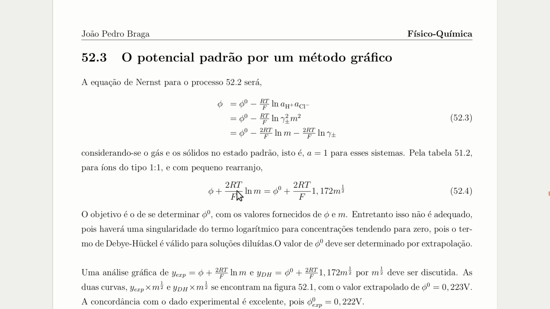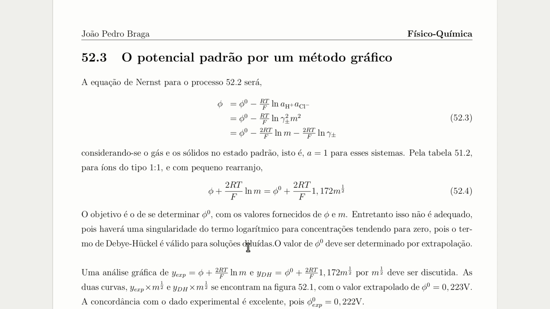So this left side I will call epsilon experimental, and the right side I will call epsilon Debye-Hückel. And I have to explore the data, the equation 52.4. And I'm going to explore it by two methods. The first one is the graphical method, and the second one is the polynomial method.